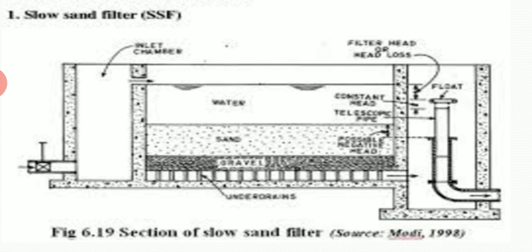The floor has a bed slope of 1 in 100 to 1 in 200 towards the central drains. The surface area of the tank varies between 50 square meters and 1000 square meters and is fixed on the basis of filtration rate, which varies between 100 to 200 liters of water per hour per square meter.